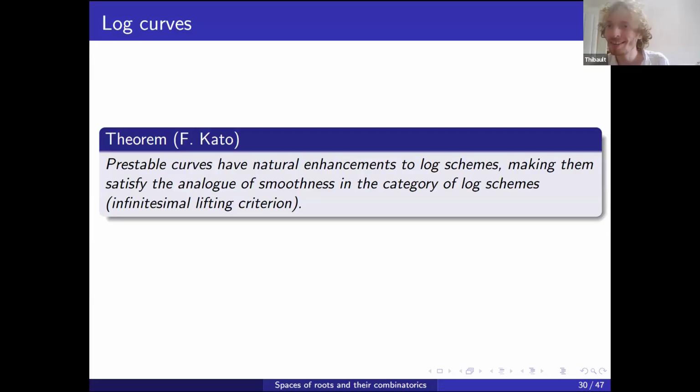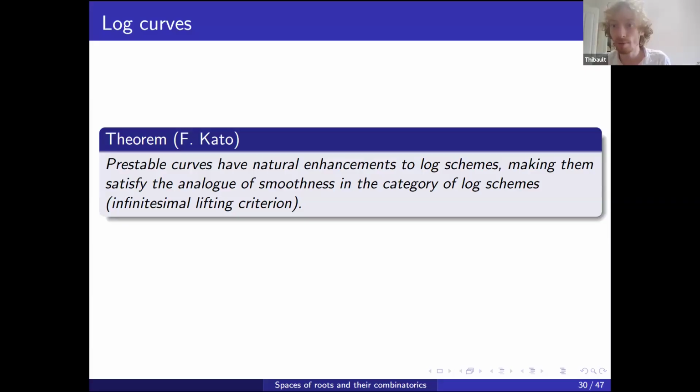And when you do that, the curious phenomenon is that in this category of log schemes, so schemes with a bit of extra data, this singular object now behaves as if it was smooth. So if I look at the infinitesimal lifting criterion for smoothness in the world of schemes, my pre-stable curve does not satisfy that.